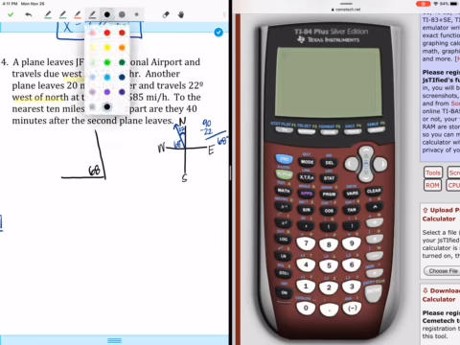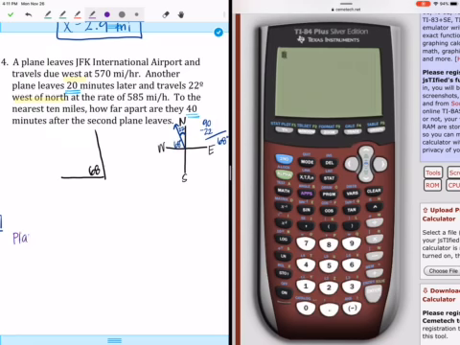The second part that's a little tricky comes in with how far they're traveling and at what rate. If we read back in sentence 2, we know that the second plane leaves 20 minutes later than the first. And the question is, how far apart will they be 40 minutes after the second plane leaves?